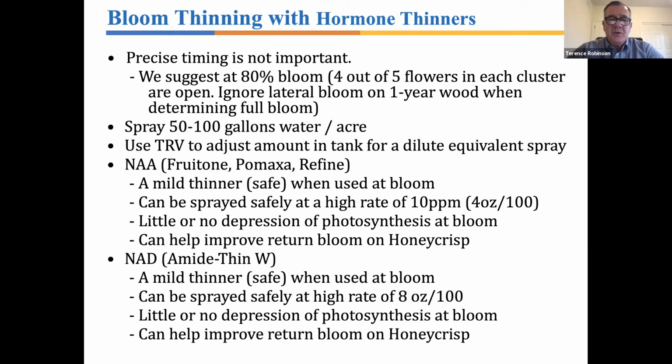But we do need to adjust the dosage in the tank for tree row volume to give a dilute equivalent spray. I've been through that many, many times with you all, but just to quickly say it again, if you're putting on less than the required volume of water, you have to adjust up the chemical for an equal ratio, so that the total micrograms of chemical that the tree or the acre receives is the same as it should be with a dilute spray.